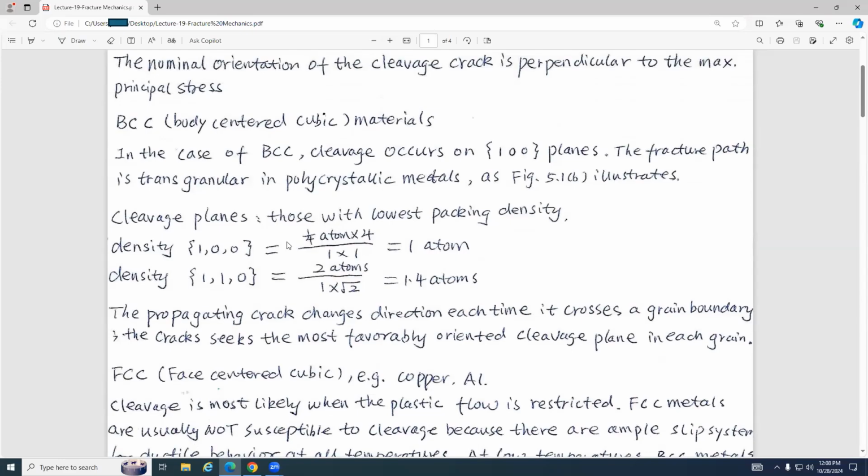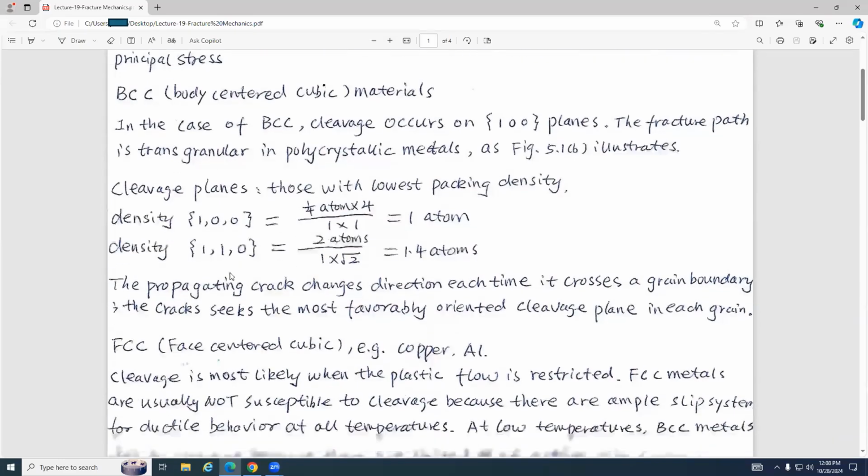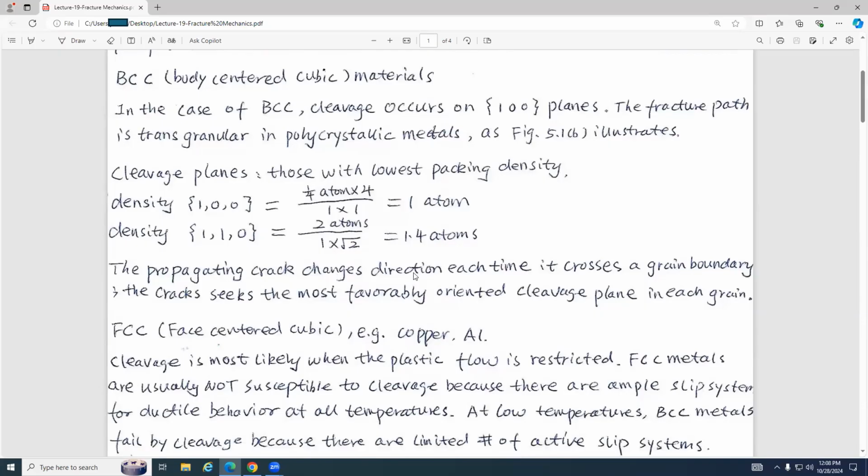In this case, the propagating crack changes direction each time it crosses a grain boundary. The crack seeks the most favorably oriented cleavage plane in each grain.